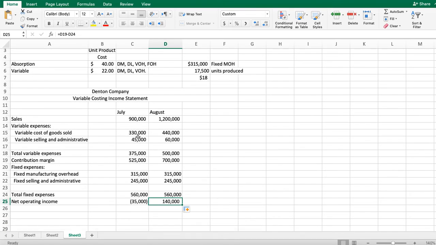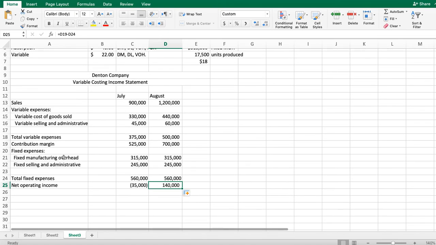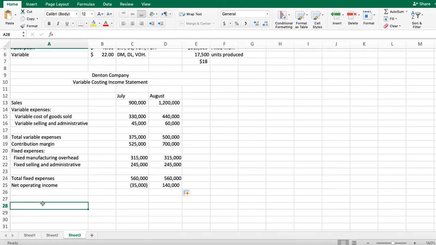Then one other thing you do when you use variable costing income statements, you want to reconcile that to your absorption costing or your traditional income statement. And if you'll notice, the only thing different really is that we've taken our variable period expenses and put them up here, and we've taken our fixed product expenses and put them down here. Bottom line is still the same.